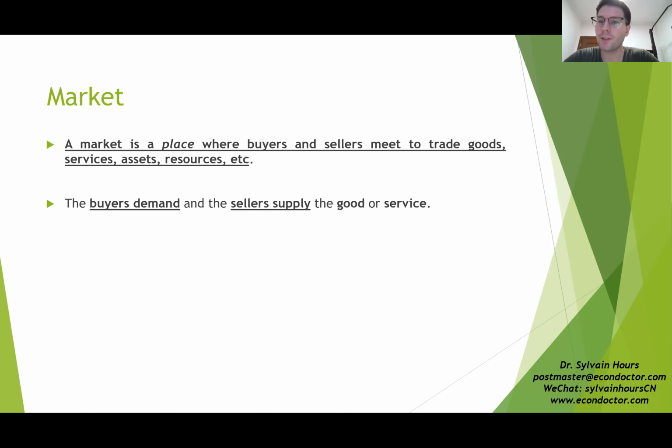And it's actually better to say that a market is a place where buyers and sellers meet, rather than saying it's a place where consumers and producers, because it's absolutely possible that the buyers are not consumers and that the sellers are not producers. And the best example to illustrate that is, if you are a retailer, you might purchase some products that you do not consume.